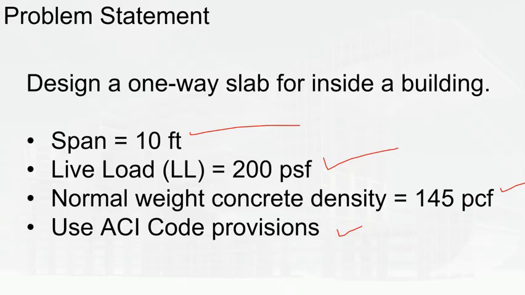Design actually means that we need to determine its thickness. We know the span, and we know that we have to design for the 12-inch strip. So we need to determine the area of steel and the thickness of the slab. That's what the design is.